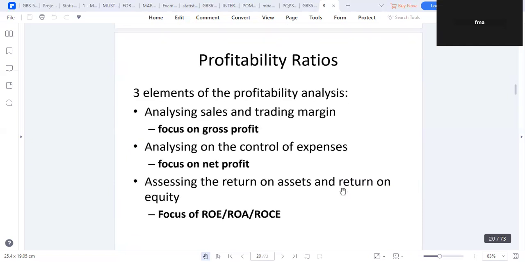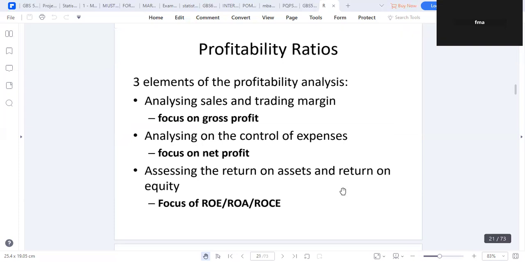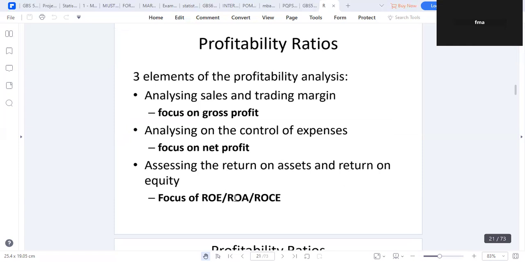On the gross profit, we analyze the trading account, how our sales are doing, how we are able to control the expenses that relies on the net profit margin. And also we are assessing the return on the assets or equity. So we can use any of these, return on equity, return on assets, or return on capital employed.